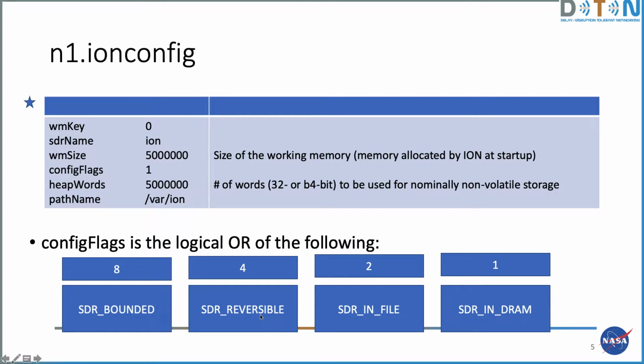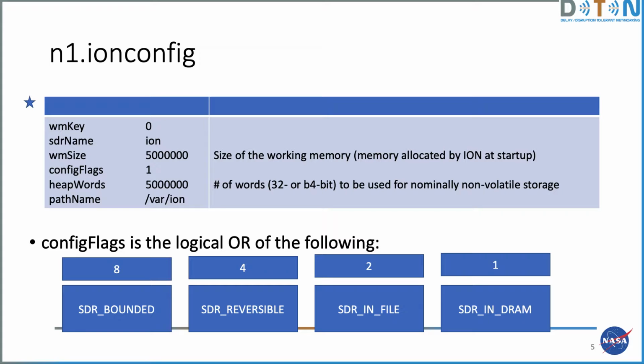Reversible is actually implementing transactions within the SDR, so that if something goes horribly wrong, there's a little journal that gets written in there. If things go horribly wrong, like the machine gets power cycled in the middle of one of these transactions, you can back out to the beginning of that transaction.